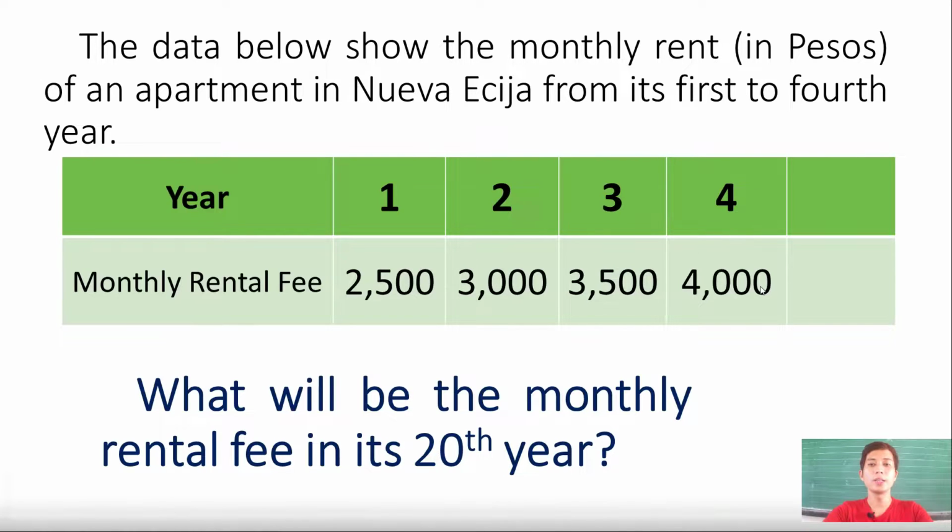In its third year, the monthly rental fee is 3,500 pesos. And on its fourth year, it's equal to 4,000 pesos. Notice that the numbers form an arithmetic sequence. Now the question is, what will be the monthly rental fee in its 20th year?